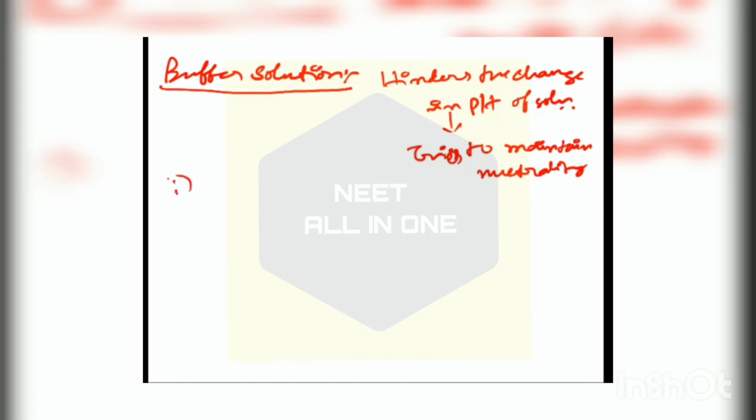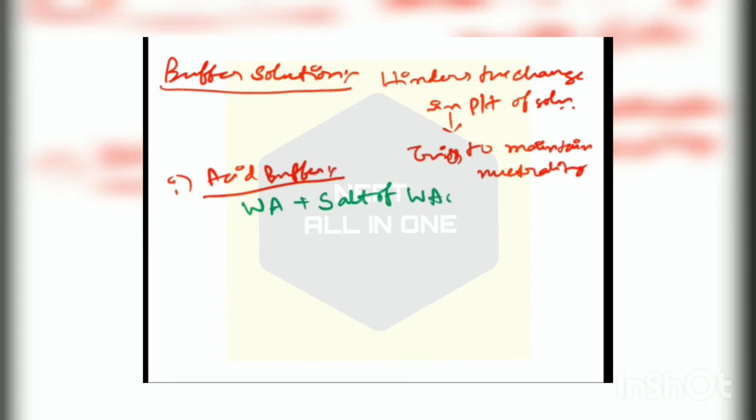Now there are two kinds of buffers. First one is the acid buffer. Okay, now what is an acid buffer? An acid buffer contains a weak acid and the salt of the acid with a strong base. That means weak acid plus salt of weak acid with strong base.